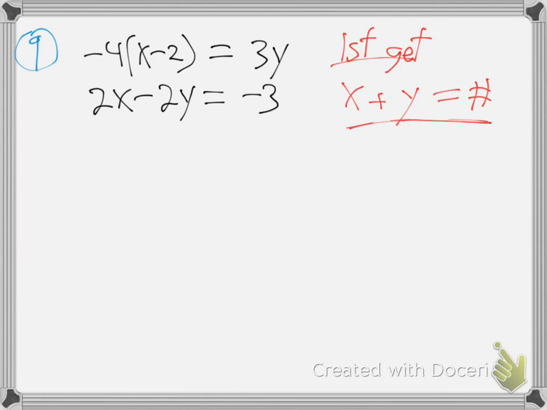So what do you do when you've got any number in front of parentheses? Yeah, it's going to multiply both those, and it's going to be -4 times x. So that's -4x. And -4 times -2, which is +8.